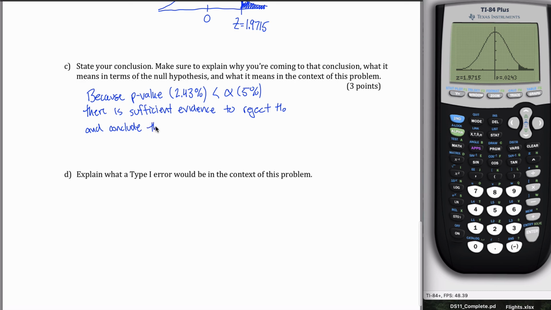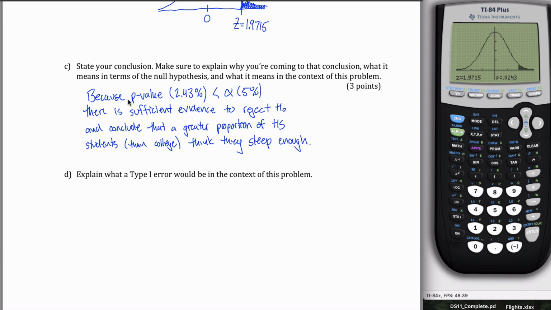And conclude that a greater proportion of all, talking about the population here, high school students compared to college students think they sleep enough. Not great English in there, but maybe you get the idea.